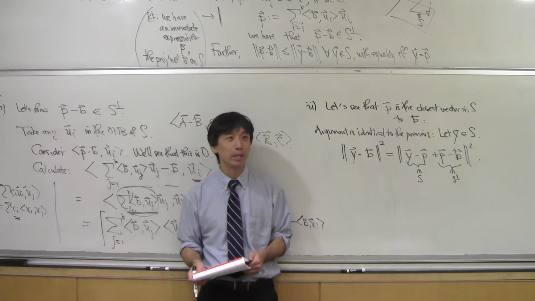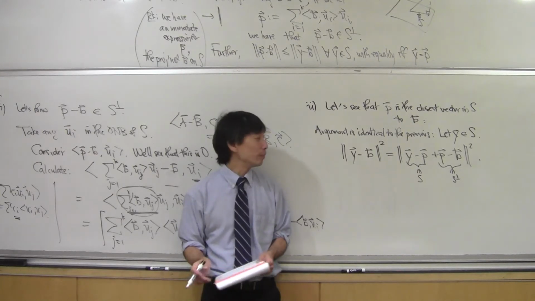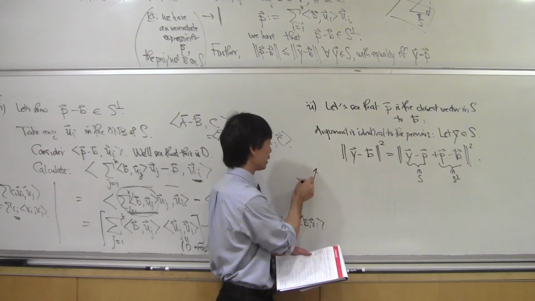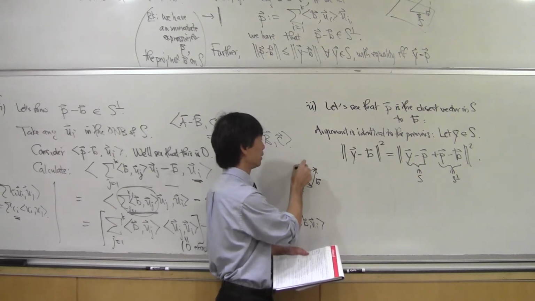So we have a sum of things that are perpendicular to each other, and we're looking at the magnitude squared.